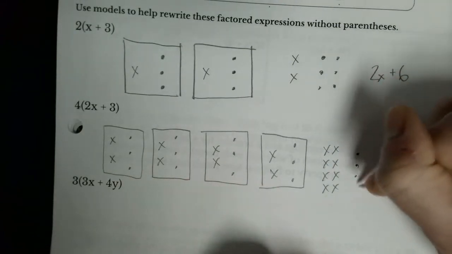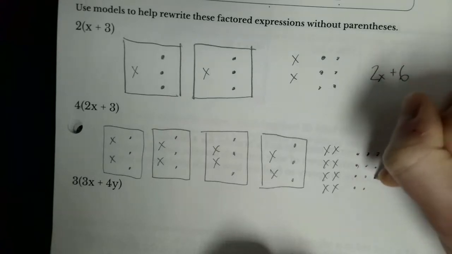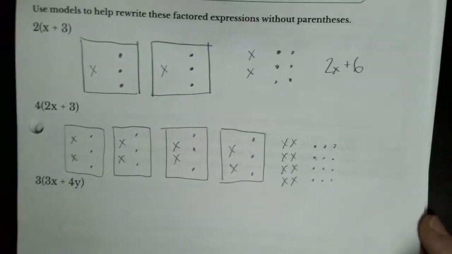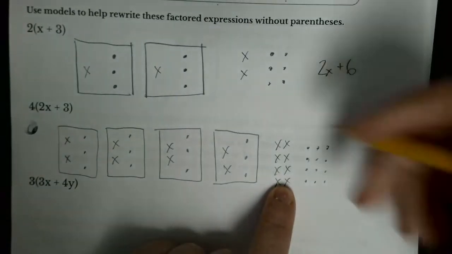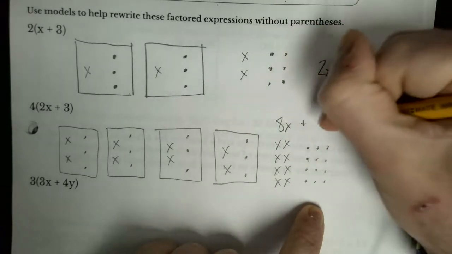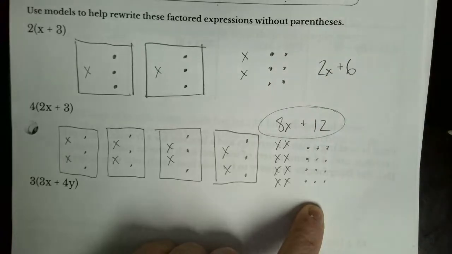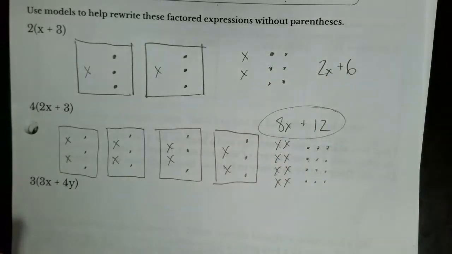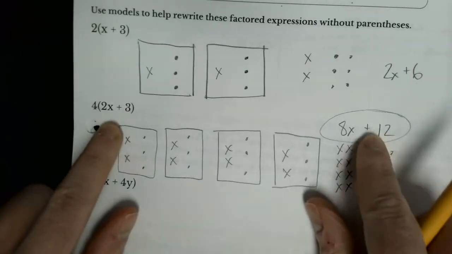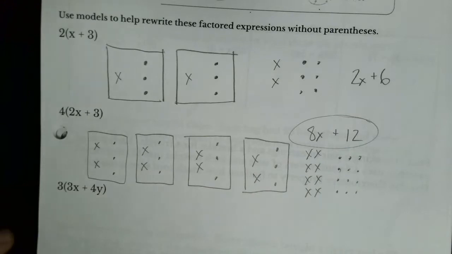So when we ungroup that expression, we get 8x, or 8 x's, plus 12 ones. So that would be the expression for 4 groups of 2x plus 3. These are equivalent. They have the same value. It's just that 8x plus 12 is ungrouped. There are no parentheses anymore.